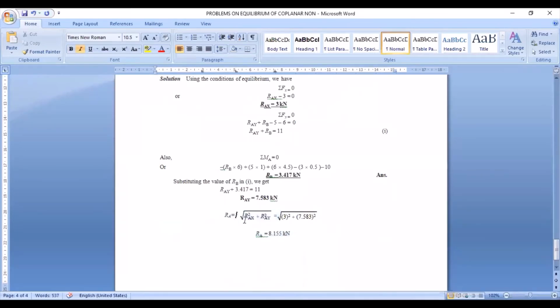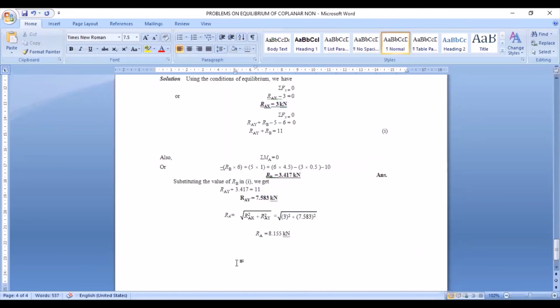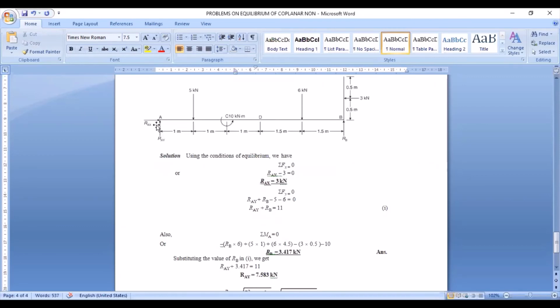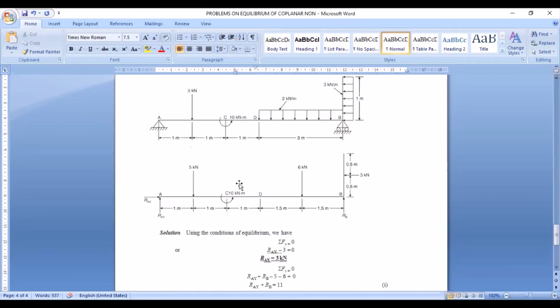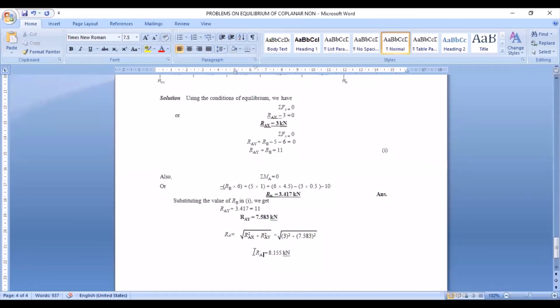So RA is equal to square root of RAX square plus RAY square. Since you have RAX value and RAY value, if you substitute, you will get only one force, that is RA, which is the resultant of both of these reactions. So once again, it is just optional. It is well and good if you calculate this and represent it in the result.